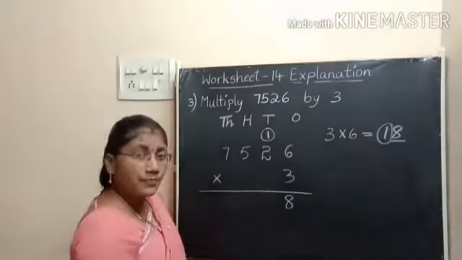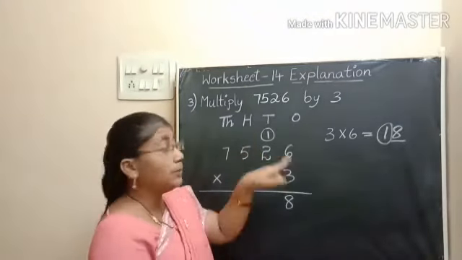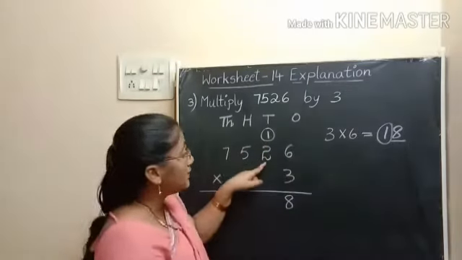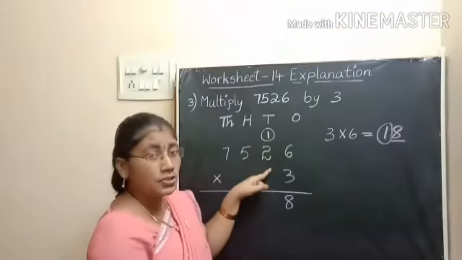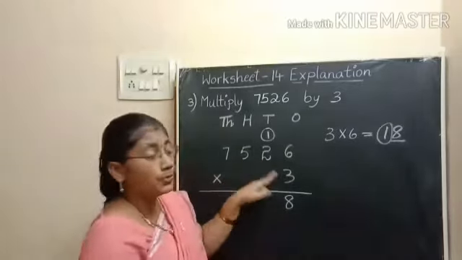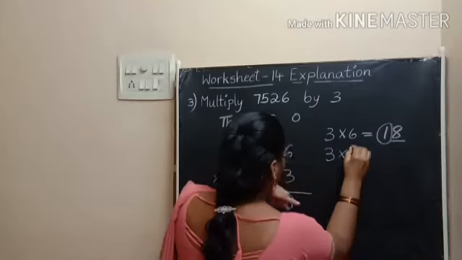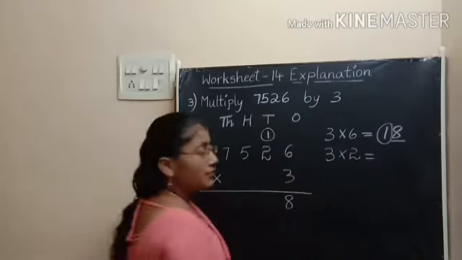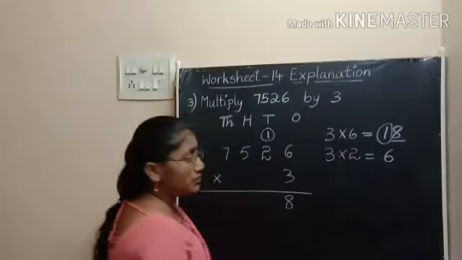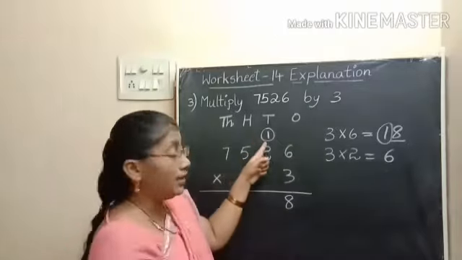Understood, children? Now this is the carry for the tens place. We should not multiply the carry with the multiplier. We should always multiply the digit in the tens place. Understood, children? Then we should take 3 into 2. How much is it? 3 twos are 6. But we have a carry.